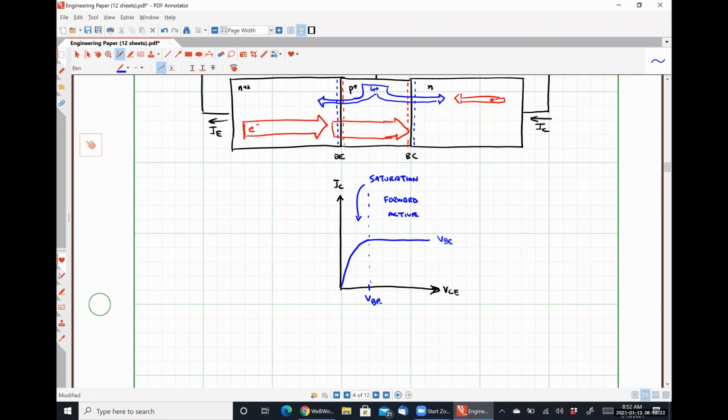Unfortunately, there isn't a particularly good mathematical model available to really better define this curve.